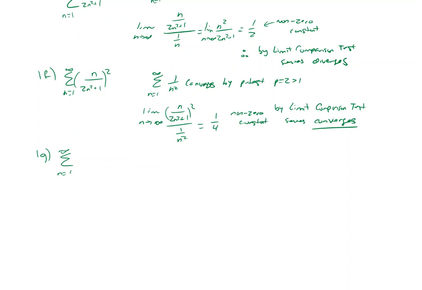No, the ratio doesn't look great. Can I compare? Limit comparison test. I got it. Yeah, that looks good. We'll try this. Thank goodness we did all those trig limits. I think this is going to work. This diverges by the p-test.